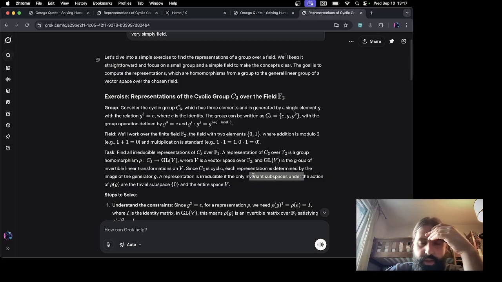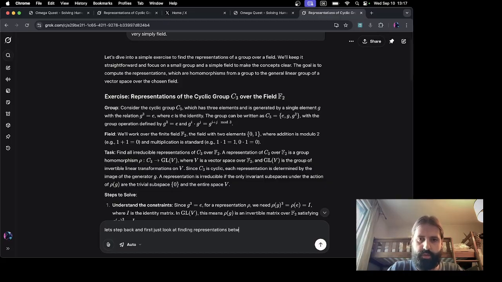Okay, let's step back. Let's step back and first just look at finding representations of C3 over F2.